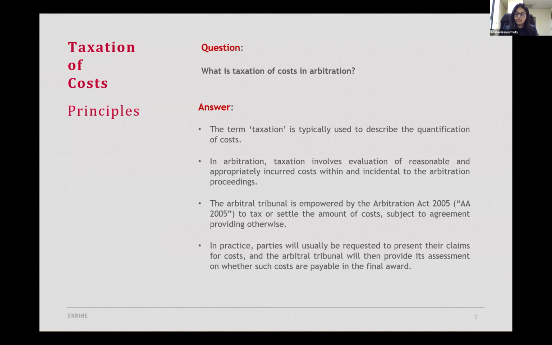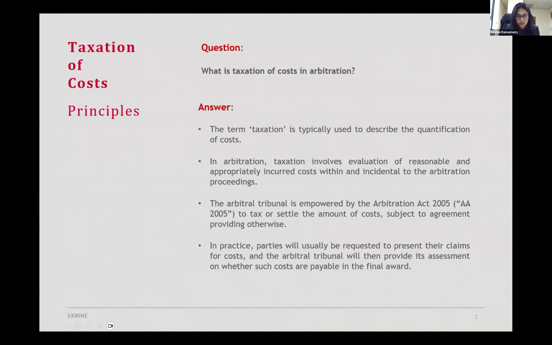And insofar as the running of the arbitration proceedings itself, we have room booking charges, the arbitrator's fees, the administrative body's fees, transcription charges. So it will be a whole host of things. These are then listed down together with supporting documents. We attach the proof of payments and the invoices to enable the arbitrator to ascertain the cost or tax the cost. So that's how it's typically done in arbitration proceedings.